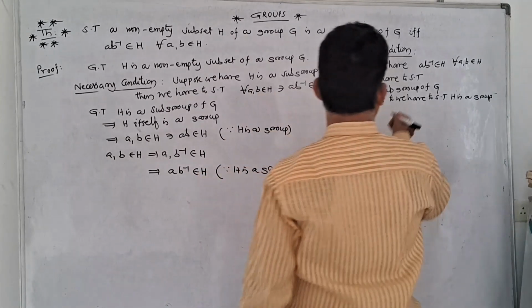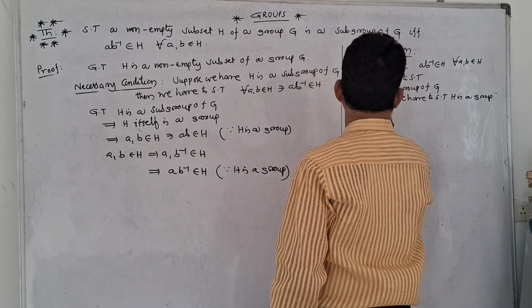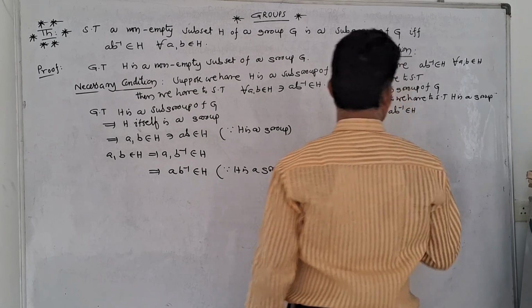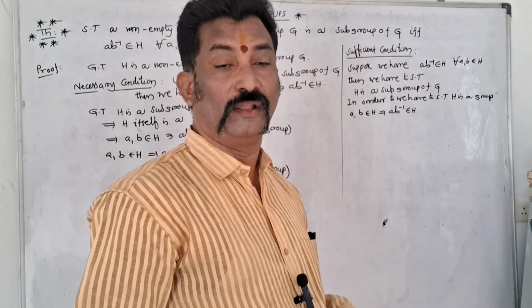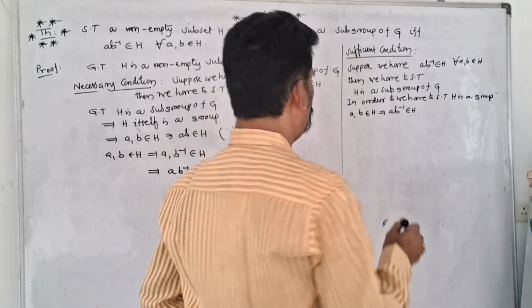Here a, b belongs to H implies a b inverse belongs to H. By using this property, we have to show that H is a group. Understood? So I repeat that one.